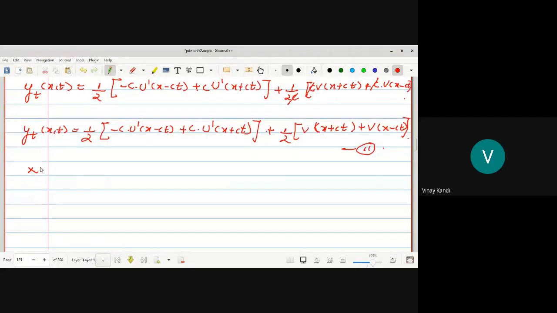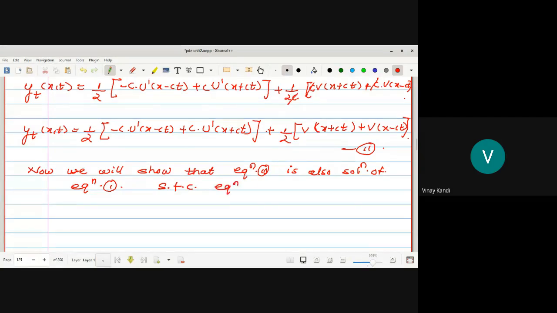Okay, now we will show that equation 10 is also solution of equation 1, subject to condition equation 2 to equation 5. That is the equation 10 satisfies equation 2 to equation 5. Okay, that is 2 3 4 5.